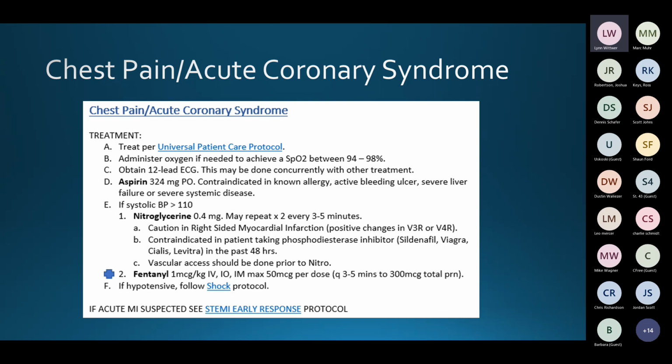They should have a repeat dose unless their blood pressure falls. Now, there's a caution in a right-sided myocardial infarction. You've already proven if it is or isn't by doing a V3R or V4R in any inferior MIs.